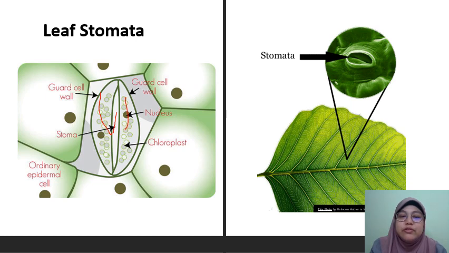Because control requires movement, and movement of course requires energy, these cells contain numerous mitochondria and chloroplast organelles. So basically in the leaf, they are actually the only cells in the epidermis that are green.